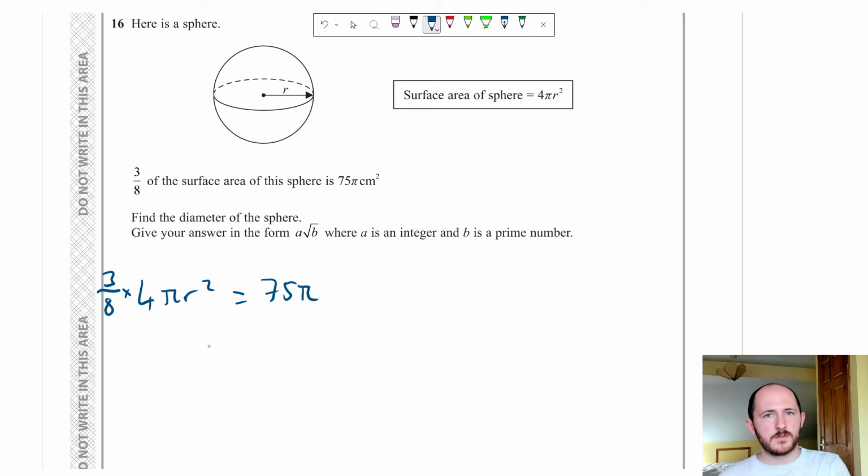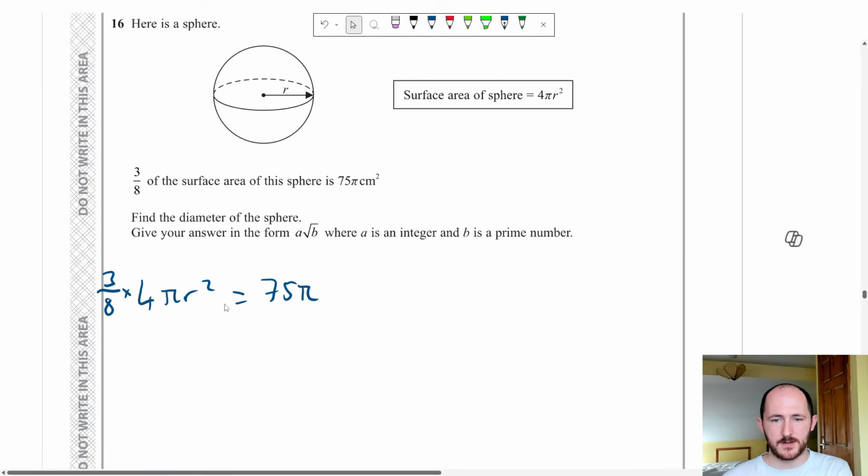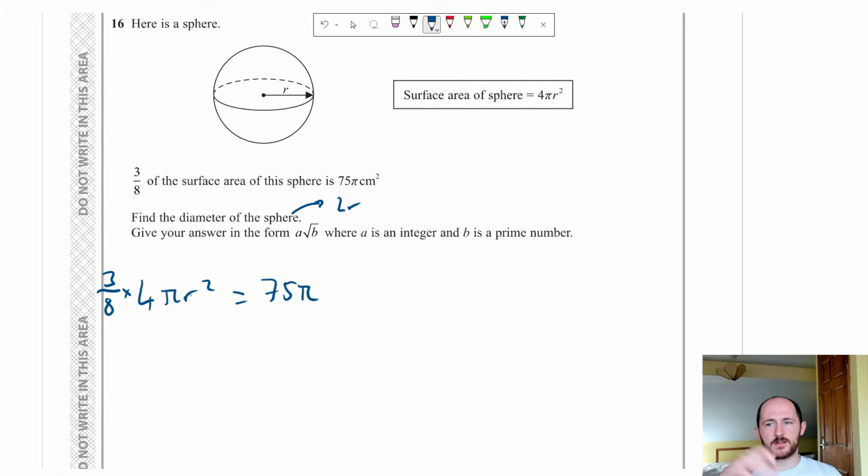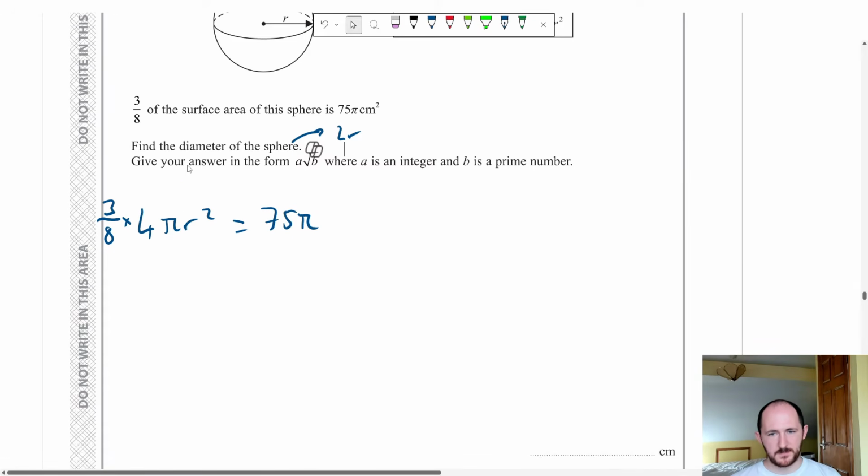Now, how many unknowns do I have in this equation? 1, I have r. Now, they want me to find the diameter, which is just 2 times r, right? So they're just asking me to find 2r. And now from here, it's nice and easy. But again, students don't always write stuff out. They don't always see what's going on fully. So just be careful with that.